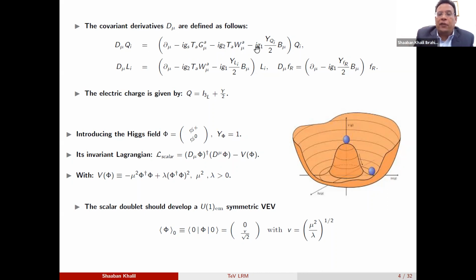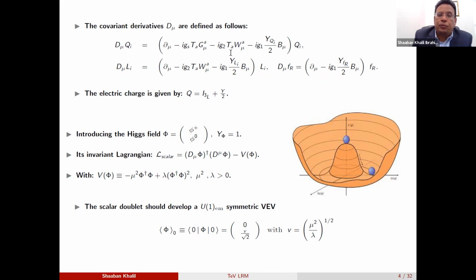And then the covariant derivative becomes this definition. They are charged under SU(3), so you have a coupling g_s, the strong interaction coupling, times the generator of SU(3), times the gluons, the fields of SU(3), and then W for SU(2), and what we call B_mu for the U(1) hypercharge. So this type of particle, the left-handed quark, is charged under everything, and therefore it has a very large covariant derivative.